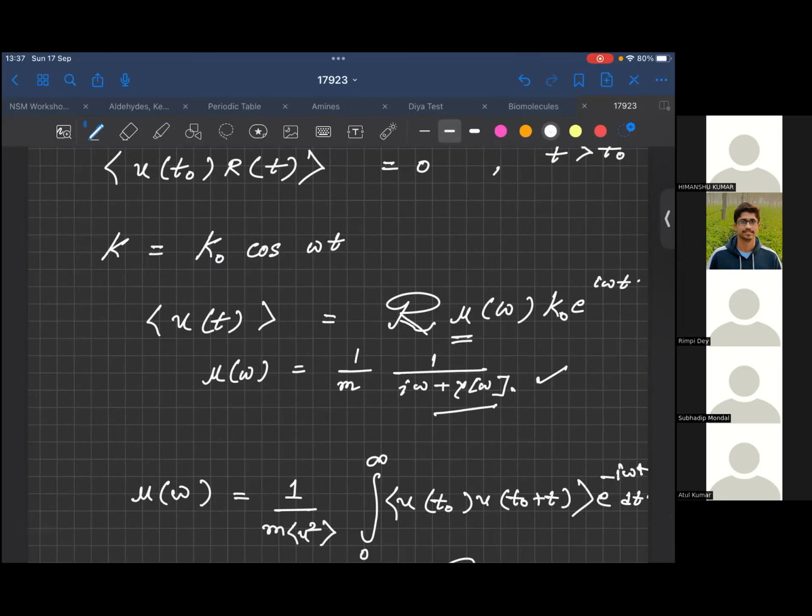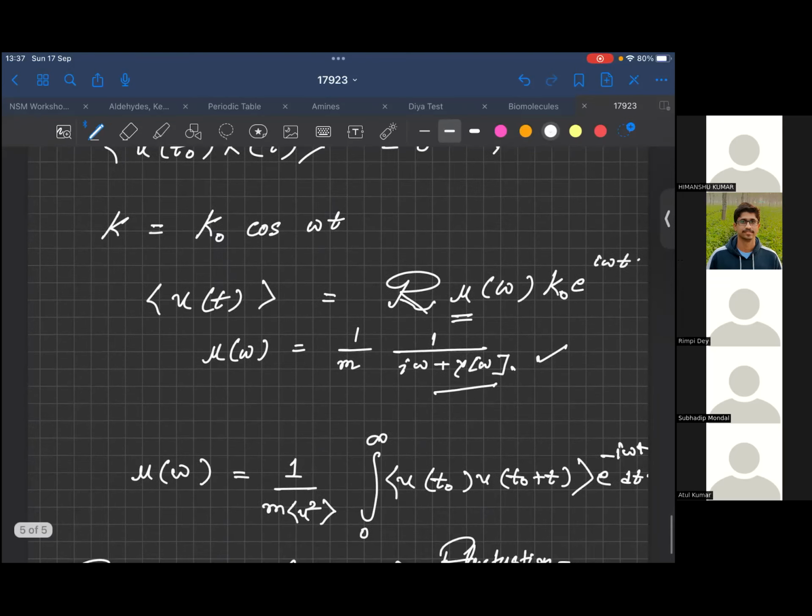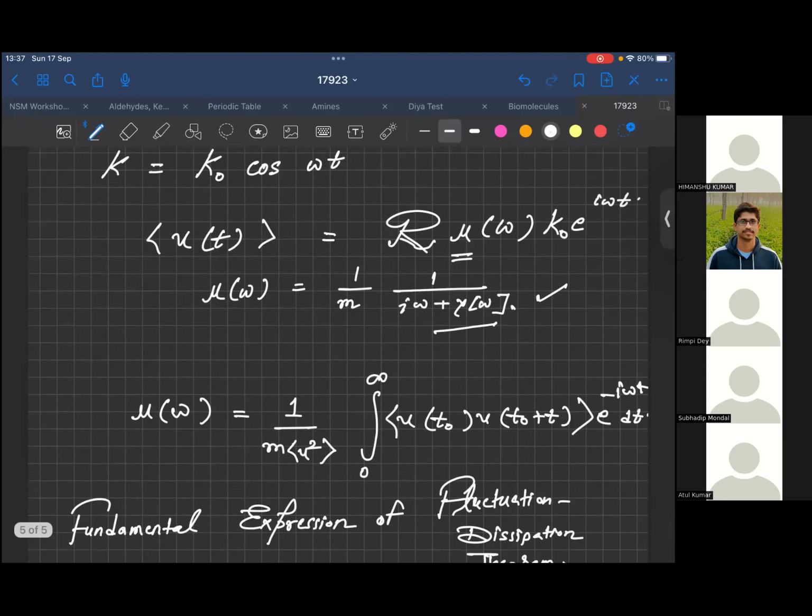And this mu of omega is the power spectrum of this velocity. It is a Lorentzian shape, not a Gaussian shape.